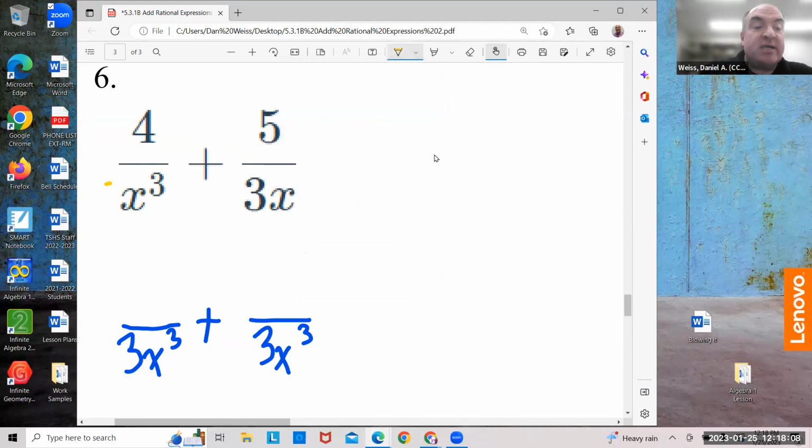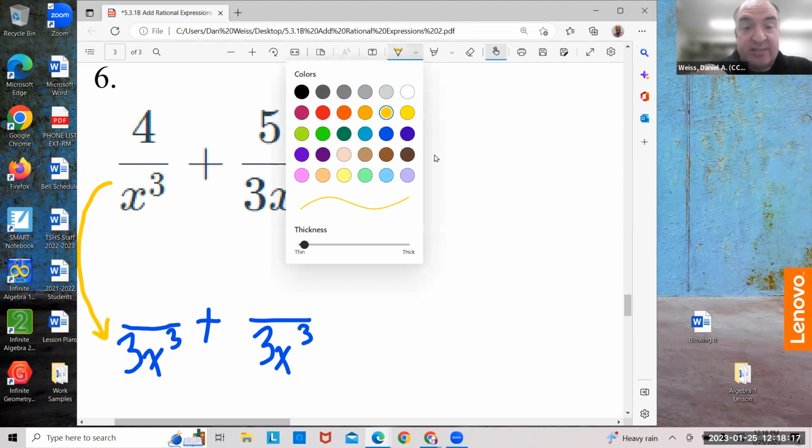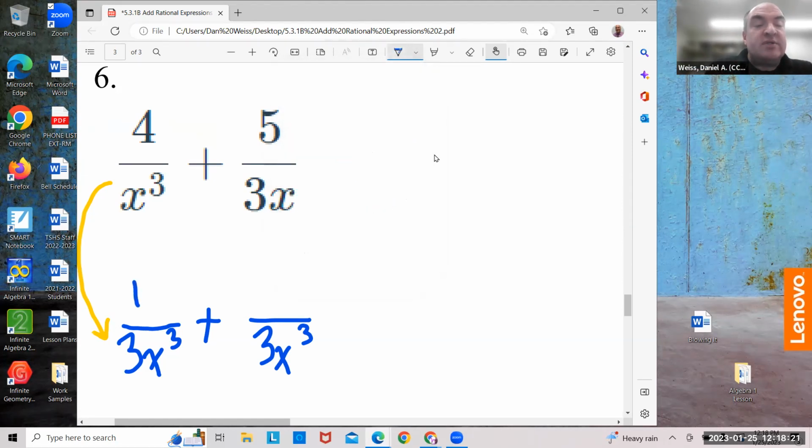Okay. So x to the third times what makes 3x to the third? X to the third times 3 makes 3x to the third, doesn't it? So what's 4 times 3? 4 times 3 is 12. All right. And x times what makes 3x to the third?